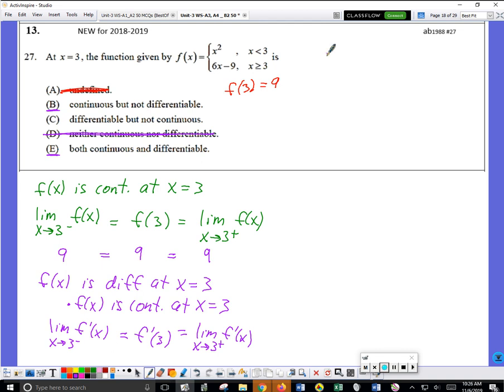So f prime is going to be 2x whenever x is less than 3. Okay? And then 6 whenever x is greater than 3.